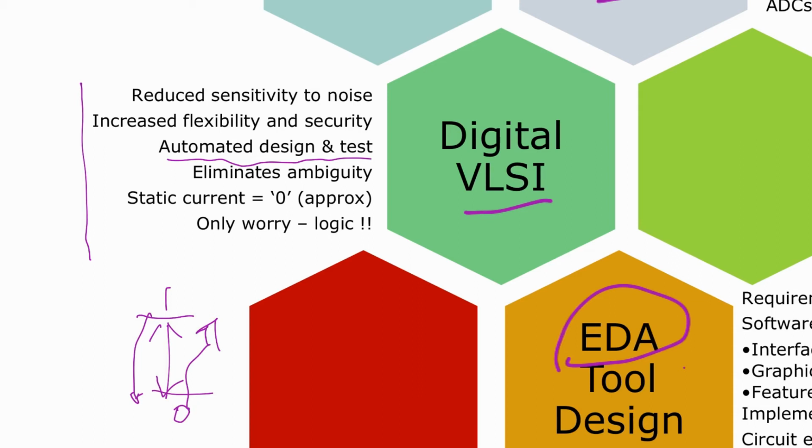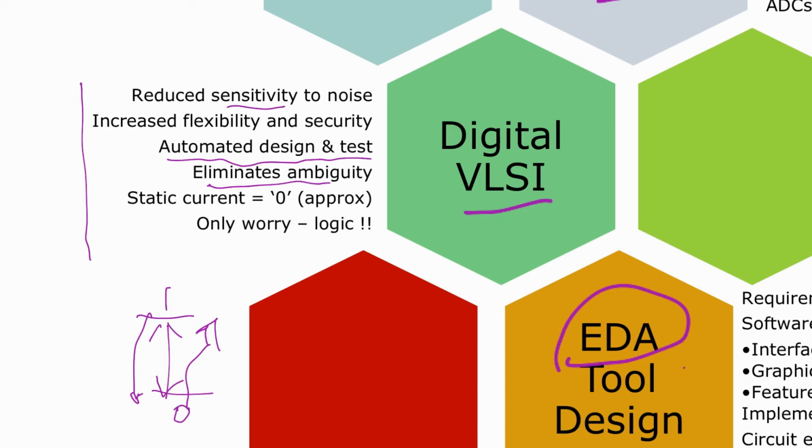And digital eliminates ambiguity. Since the noise margin is very high and you have a clear output, you have a sure output. We say in digital, if it works in simulation, it will work in real life also. Now that is not the case for analog design.